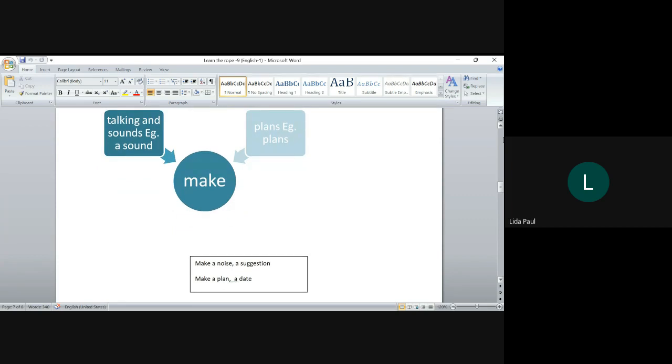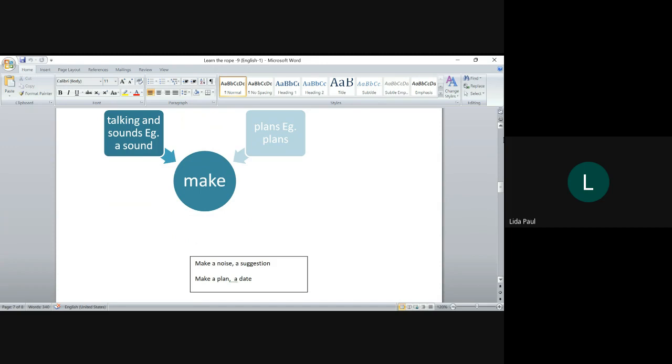Now, the next delexicalized verb you have is make. Make again has two majorly used instances, which are talking and sounds. So basically, expressions related to talking and sounds, like we saw noises in the previous questions, right? And then the second one would be plans.